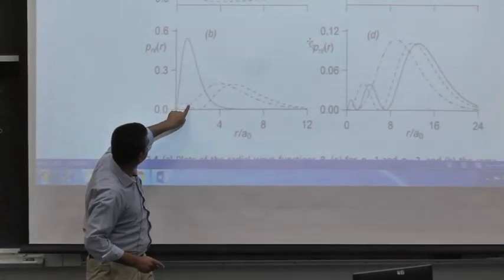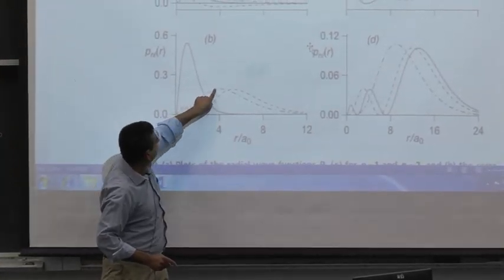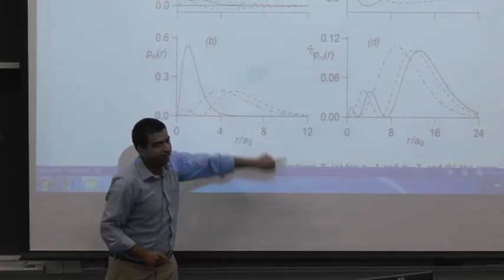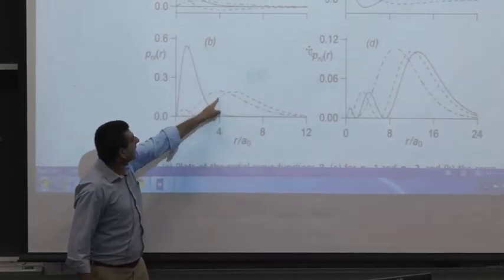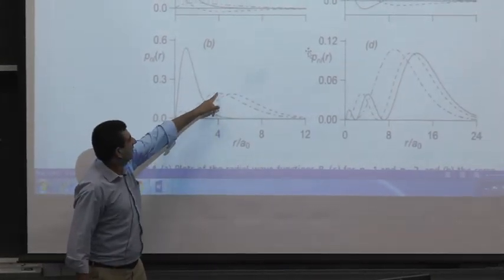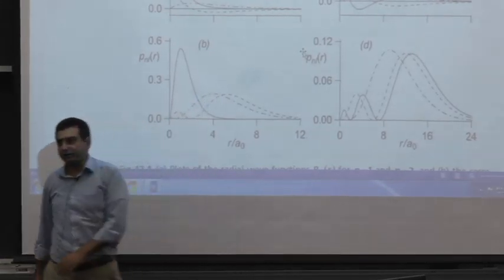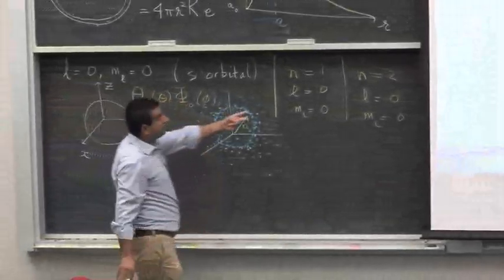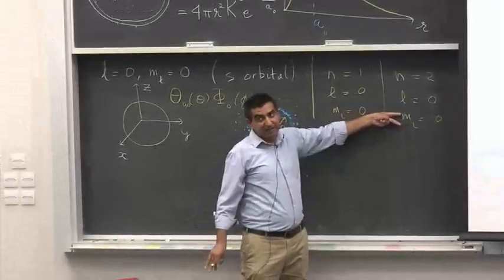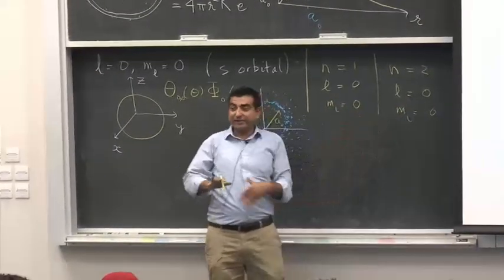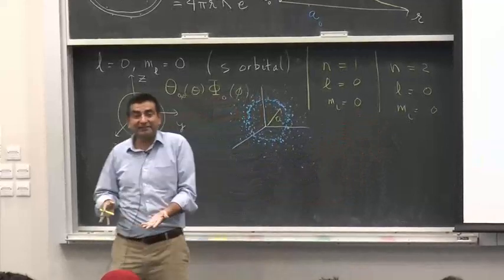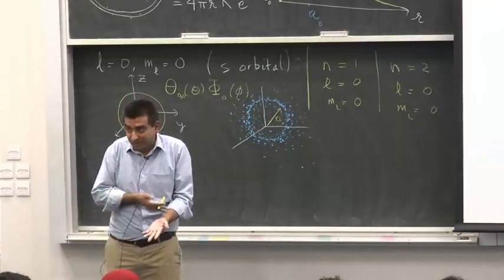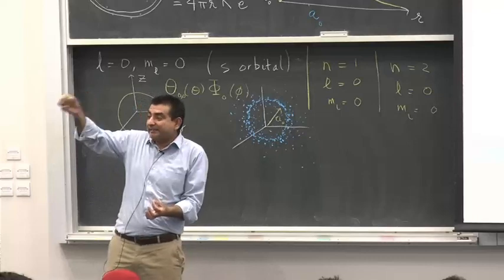Then the location of the maximum probability has shifted further away from the nucleus. But the angular dependence remains the same because L equals 0. So there is no angular dependence for this orbital. So now I have a 2s orbital.